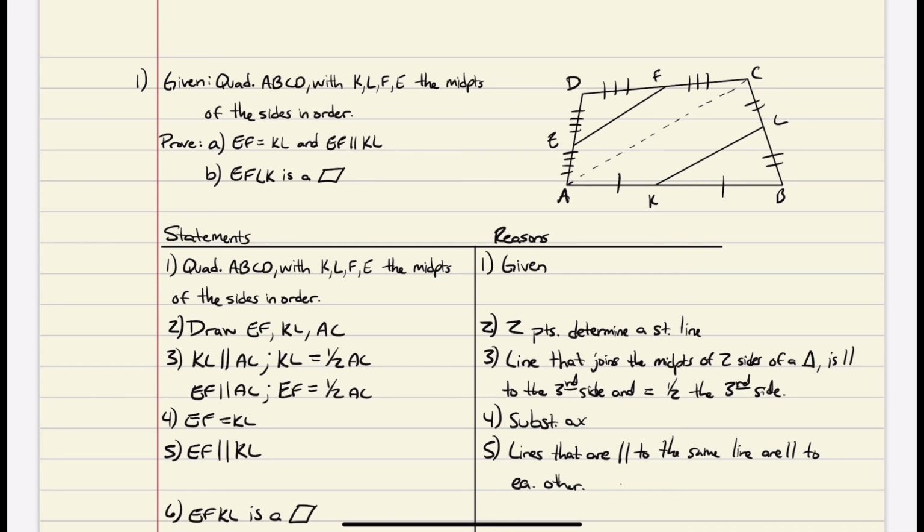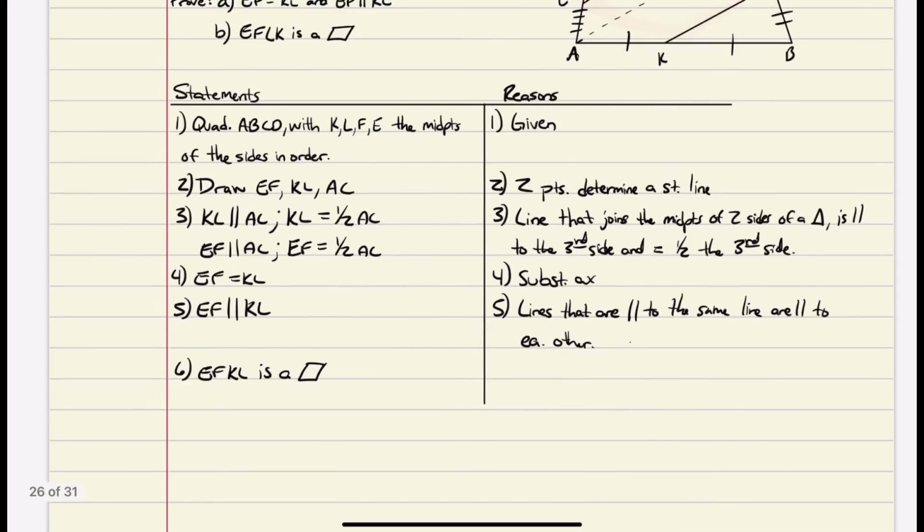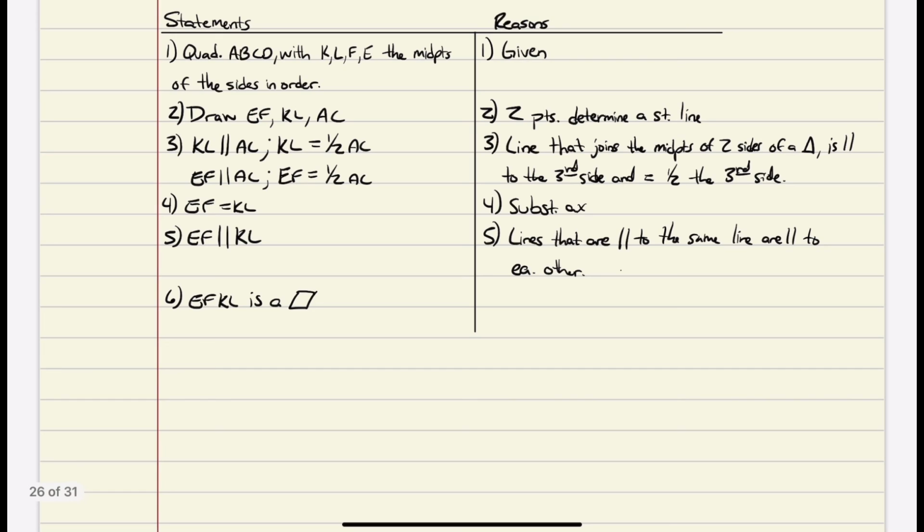If two sides of a quadrilateral are both equal and parallel, then that quadrilateral is a parallelogram.